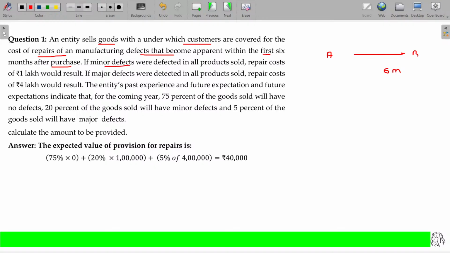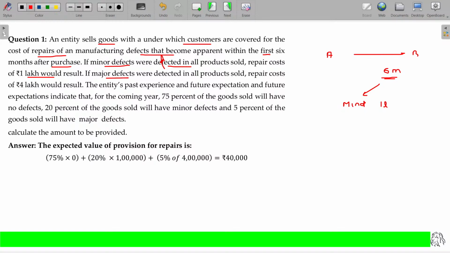If minor defects were detected in all the products sold, repair cost being 1 lakh. So, in 6 months, there may be chances of minor defect. In that case, 1 lakh will be repair cost.